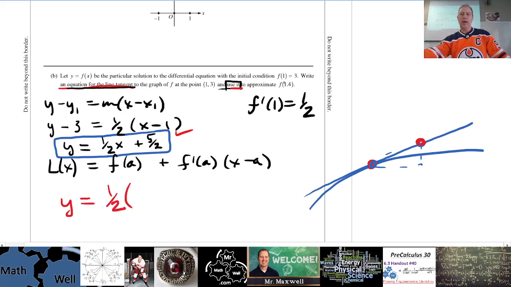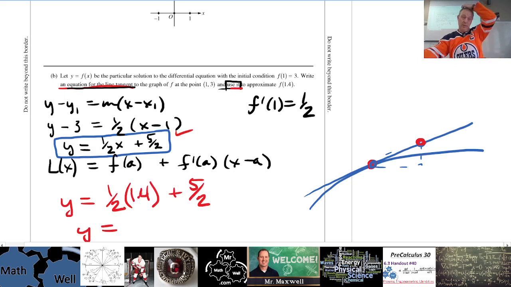So I think we just put x equals 1.4 into this equation here and then find out what that y value is. Wait, 1.4 or 0.4? Well, again, we're not doing x minus a, so we don't just plug in the difference. We actually plug in the value of x that we're looking for the y value for. So I think that should be 1.4.